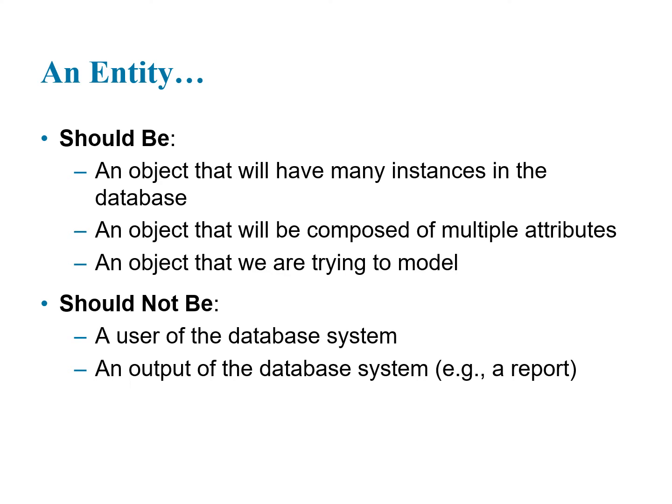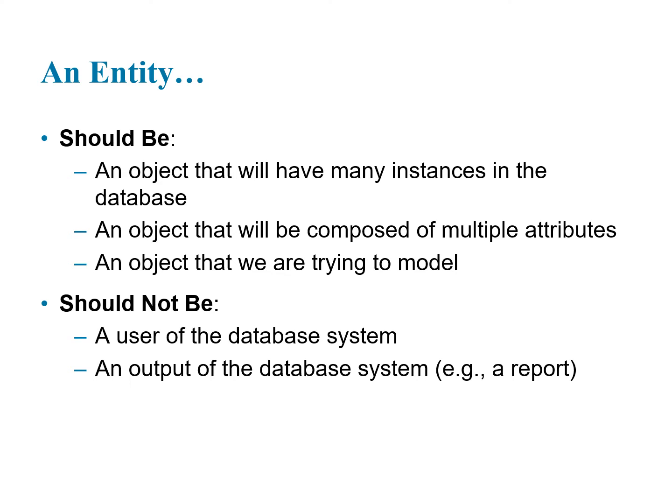A simple rule to avoid such confusion is that a true data entity will have many possible instances, each with a distinguishing characteristic, as well as one or more other descriptive pieces of data.